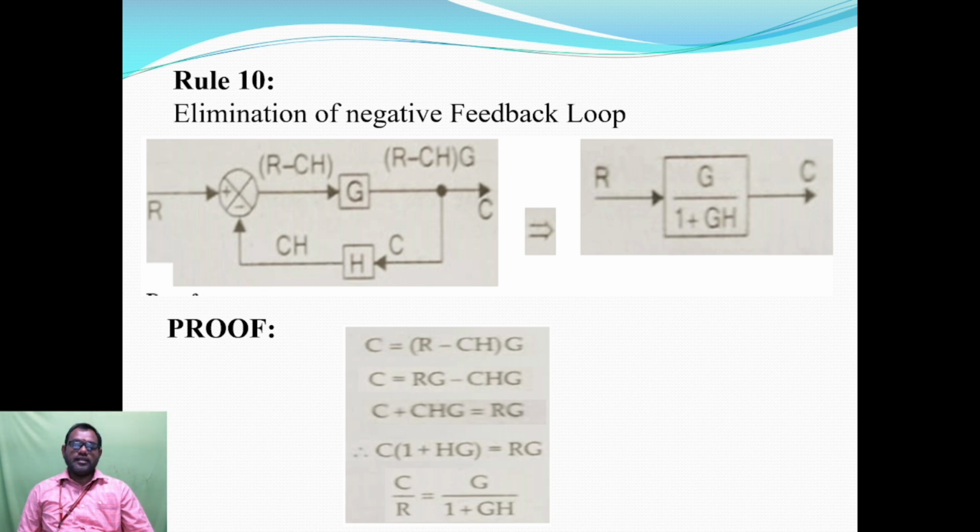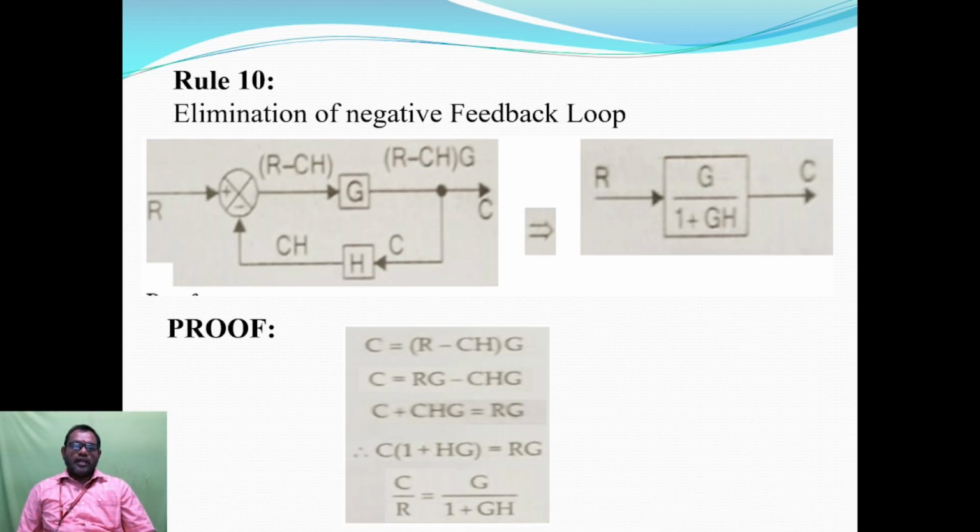C is the output, and C is fed back through H, so the output of the H feedback is equal to C into H. The difference between R and CH, R minus CH, is the error signal. So these three elements are the summing point, the G block, and the feedback H.